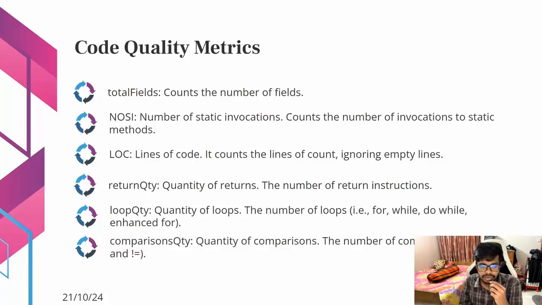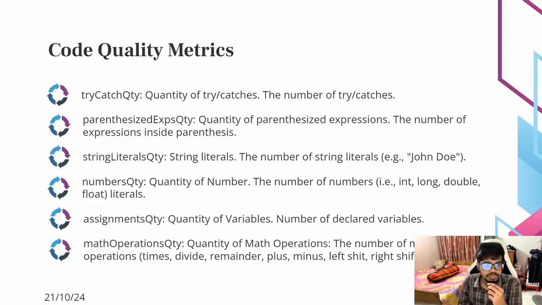And we have also counted the quantity of comparisons, like comparisons of variables, for example double equal and not equal. And then we have also counted the try-catch quantity, how many try-catch blocks there are in that project. And then we have also counted the parenthesized expressions quantity, which is the number of expressions inside parentheses.